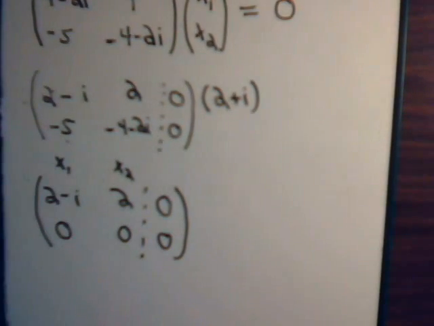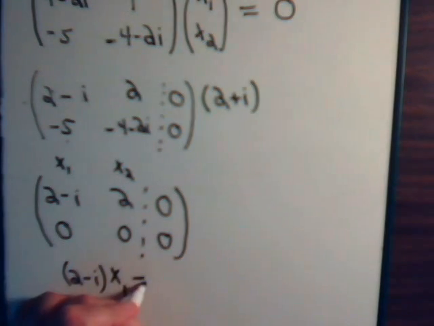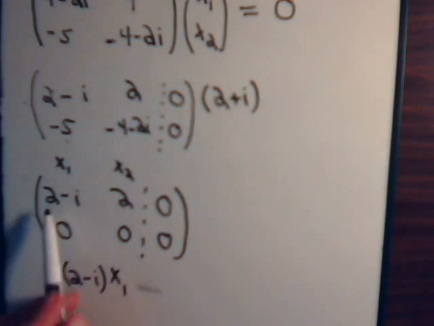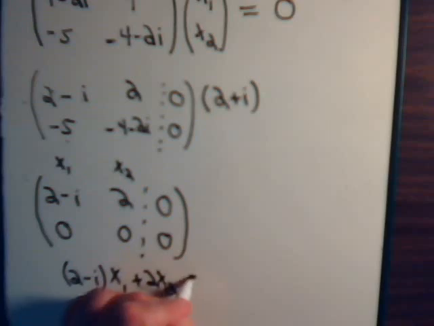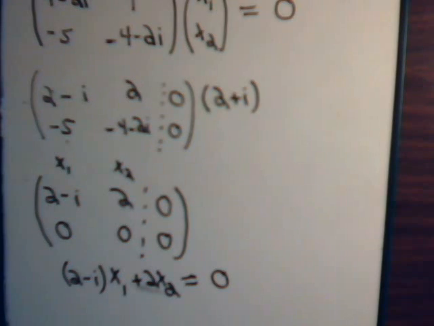So we have that 2 minus i times x1 equals, well, let's just write it out. 2 minus i times x1 plus 2x2 has to equal 0. And again, this is our lead variable. We explained lead variables and free variables back in videos 4, 5, and 6.